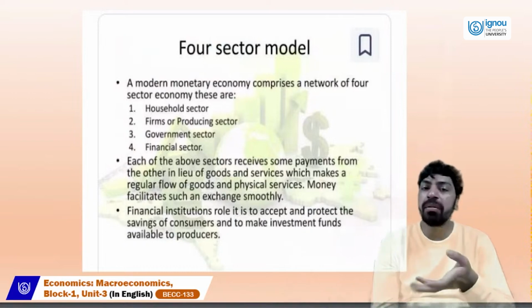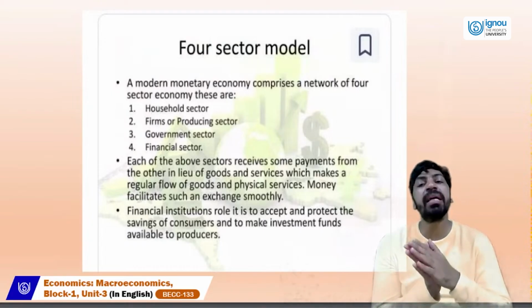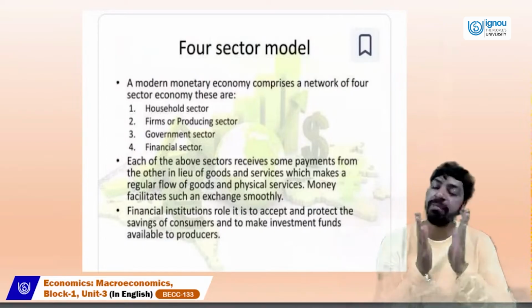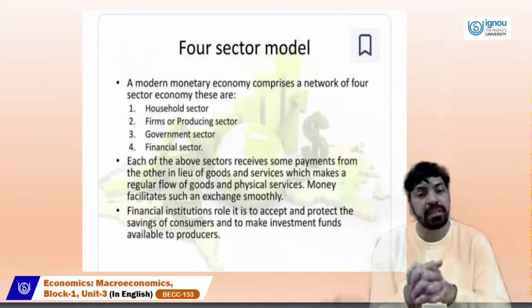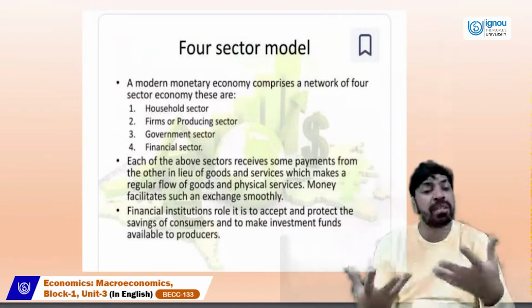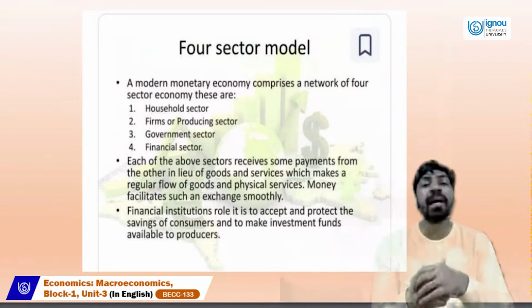When we talk about the four sector model, a modern monetary economy includes a network of four sectors, which is mentioned on your screen. The first is the household sector, which supplies the resources, that is the four factors of production.